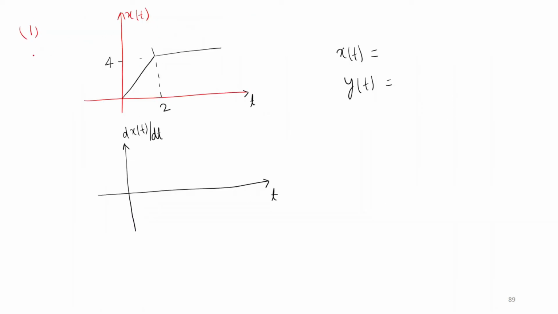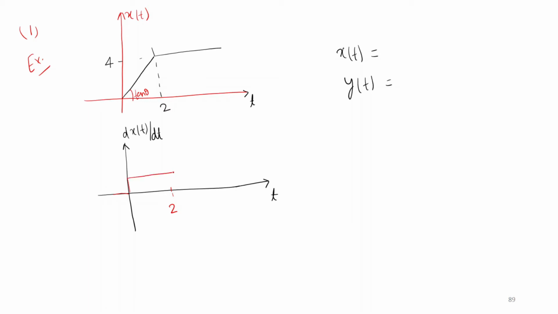Next example, if x(t) is given to you, you have to find dx(t)/dt. So how to find it? Basically you have to find its slope. Slope is m or tan theta. This is 4 by 2. So when you differentiate this ramp signal, you will get a step signal.